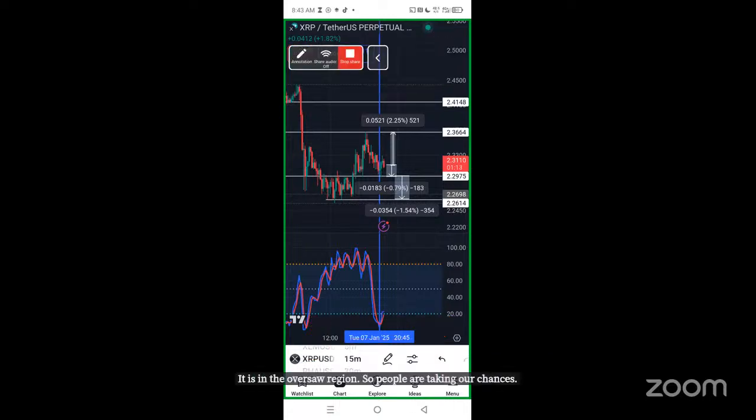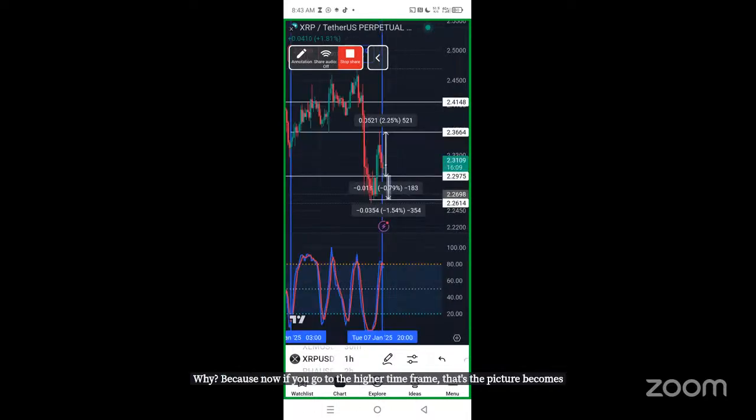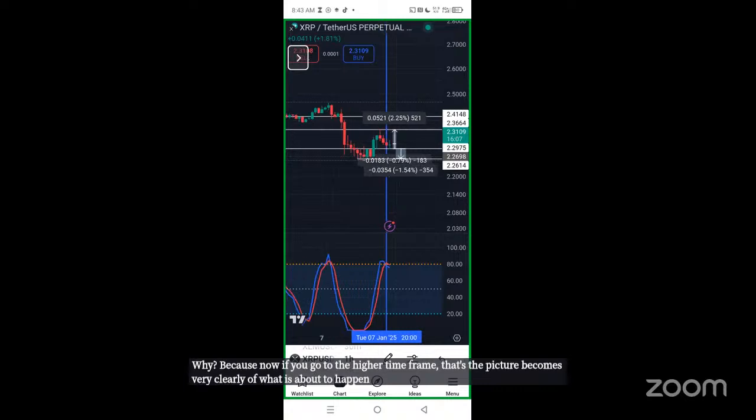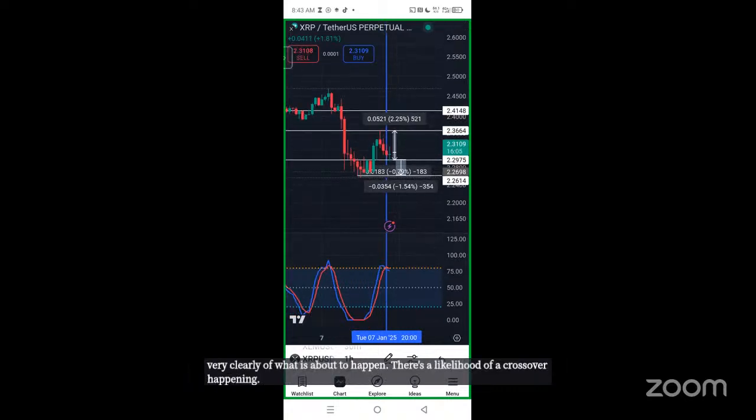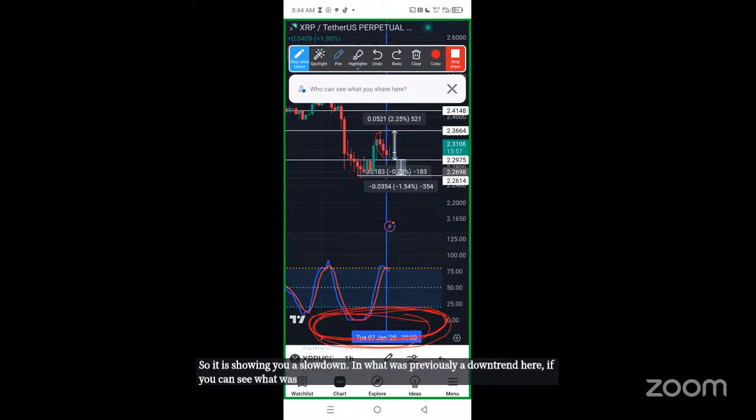Now if you go to the higher time frame, the picture becomes very clear of what is about to happen. There's a likelihood of a crossover happening. It is showing you a slowdown in what was previously a downtrend here. This is an indication of a slowdown in momentum, meaning the other group of traders are preparing to act.